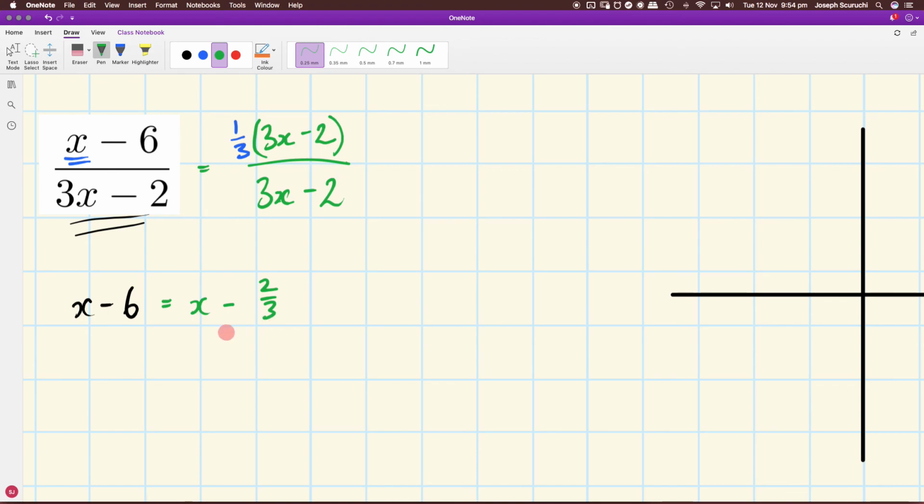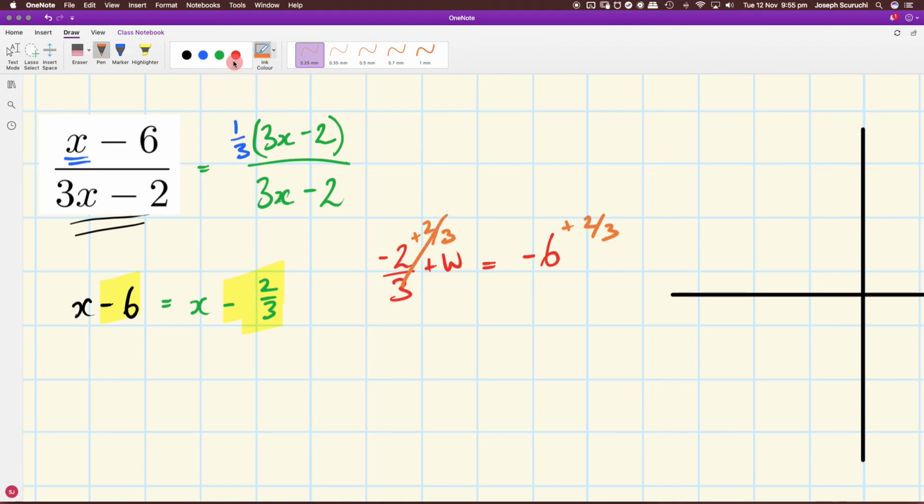As you can see, my x's are now the same, but what I want is -6 to be this. I want -2/3 to be -6. So I could write this out. I have -2/3, but I want it to become -6. So I'm going to have to plus or minus it to something. What is this w going to equal? I'm going to plus 2/3 to both sides.